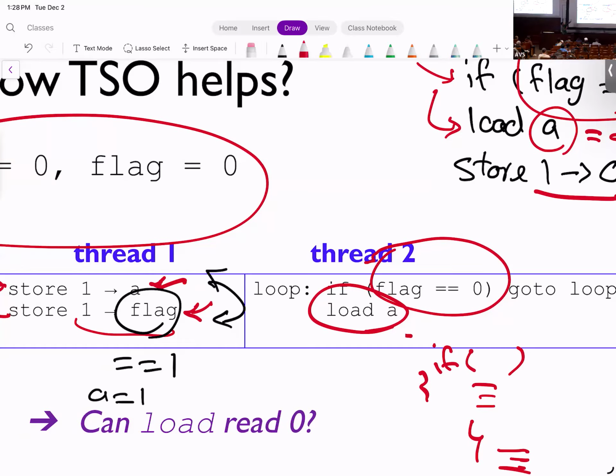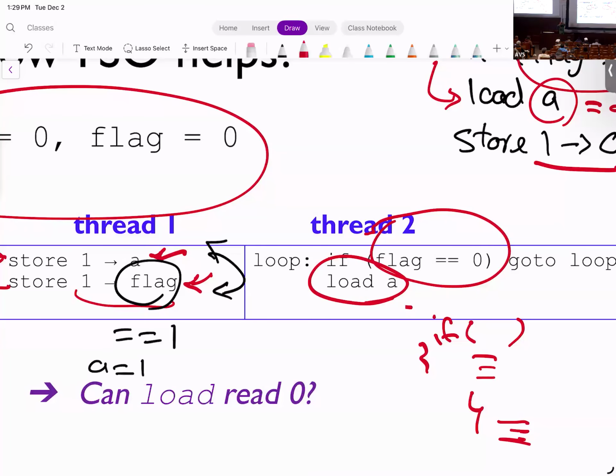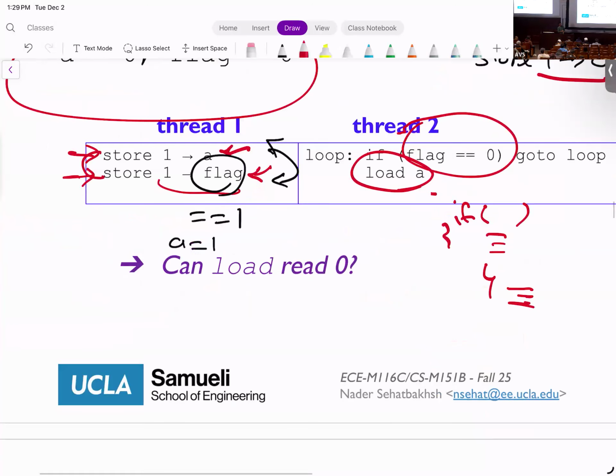So just keep in mind that we always enforce the control flow program ordering in a single core. Within each core, you still apply all those rules that you had in the past. It's not like you magically now load A before flag 0 or things like that. Things still retire in order. So you have the branch and you retire in order. Just keep that in mind.